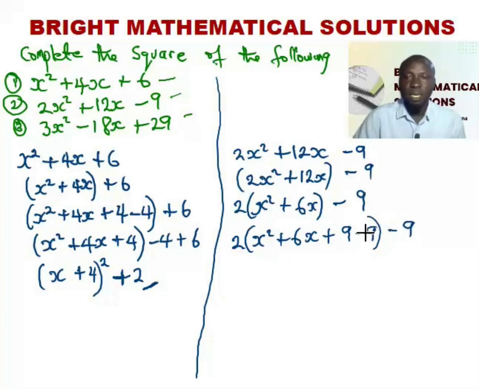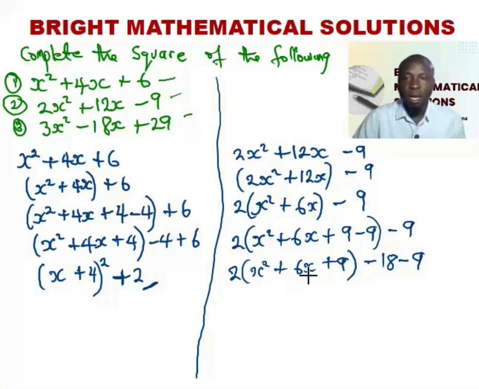Now we are bringing this out. Remember, there is a 2 that multiplies everything inside. So when you are bringing out this negative 9, we ensure that we multiply it by this 2, such that this will now become 2 into x squared plus 6x plus 9, and this will now become minus 18 minus 9.